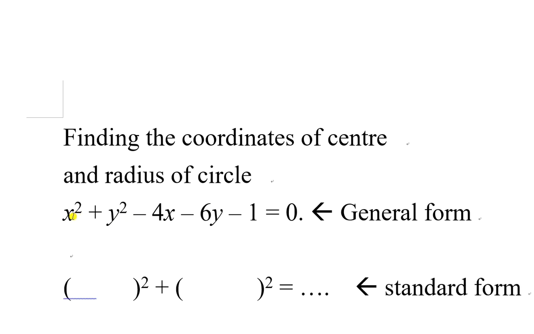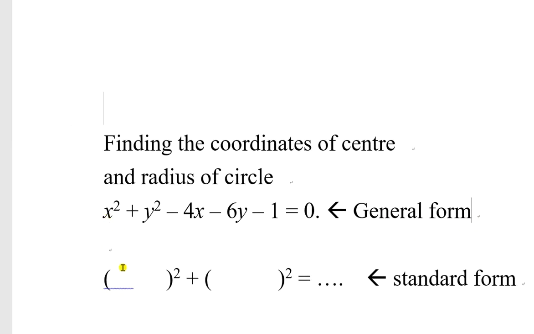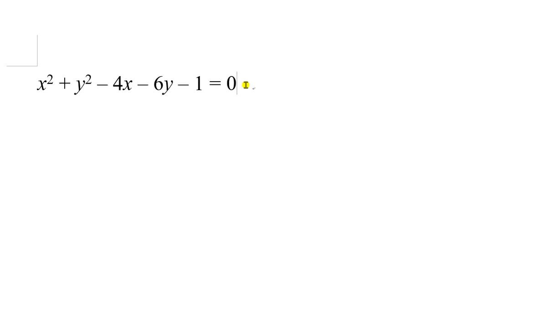As you can see, if you want to change from general form to standard form, one of the main methods we will use is completing the square, because you want to find something in brackets squared here. So let's see what we can do now. Okay, from this one, look at the coefficients of x squared and x.